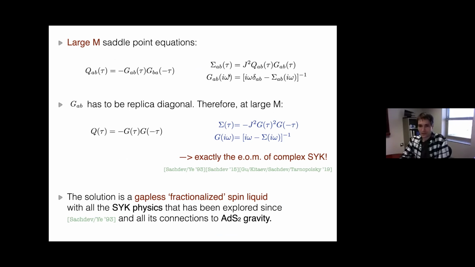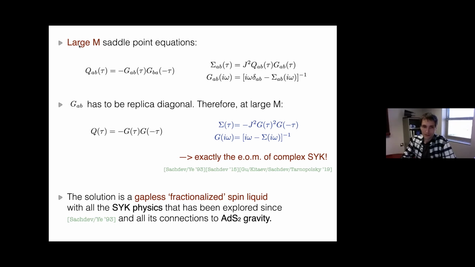But remember that G_AB was the 2-point function for the fermions, for these spinons F. And so they cannot have replica off-diagonal correlations, because that would factorize and you would get 1-point functions of these spinons, and that's 0. So the G has to be replica diagonal in these AB indices. But if that is replica diagonal, then everything in these equations has to be replica diagonal.